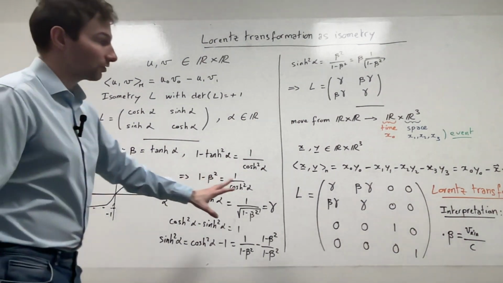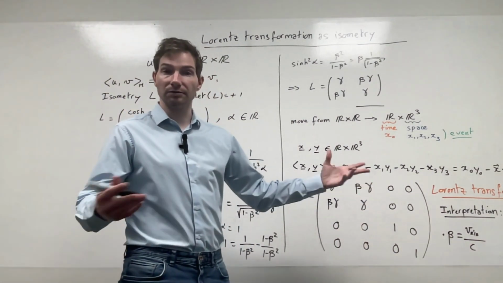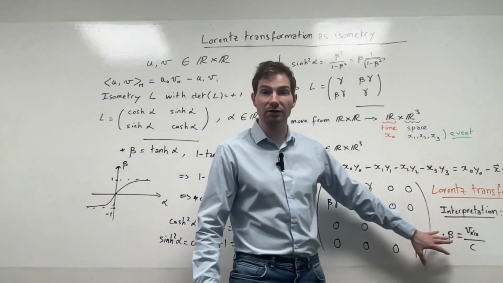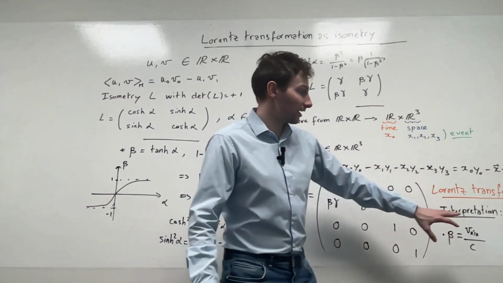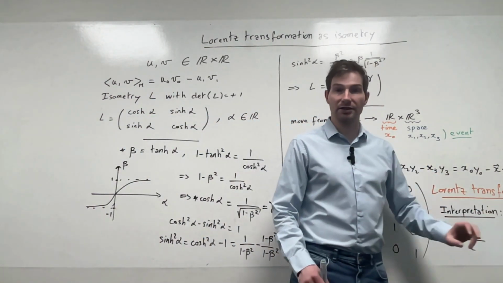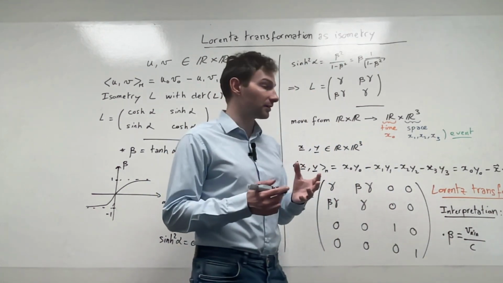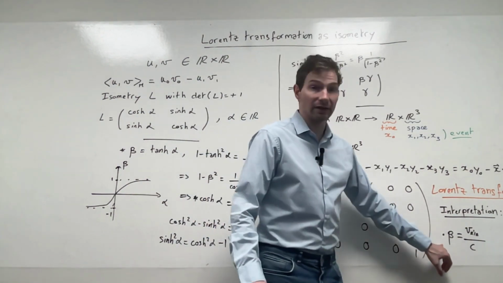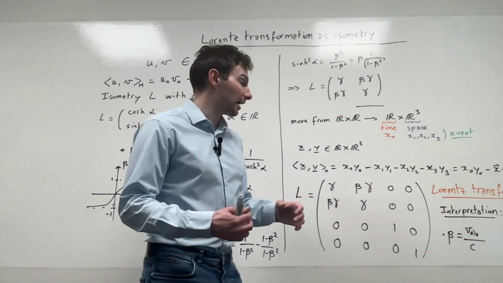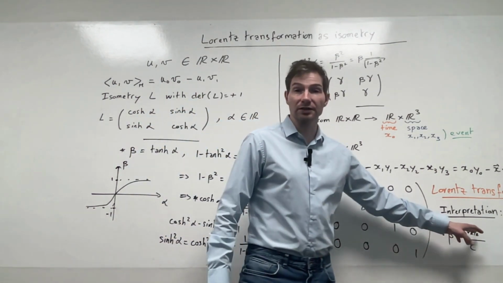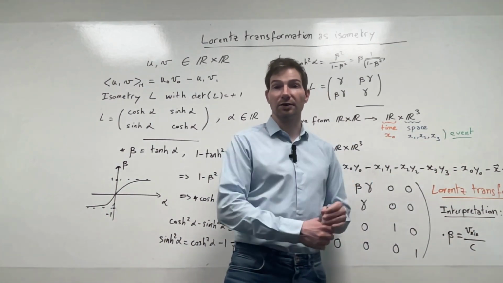Here, of course, you need to trust the interpretation I'm providing, which is that x naught is converted into c times t naught, where c is traditionally interpreted as the speed of light in vacuum, and beta is interpreted as a velocity between the different frames.